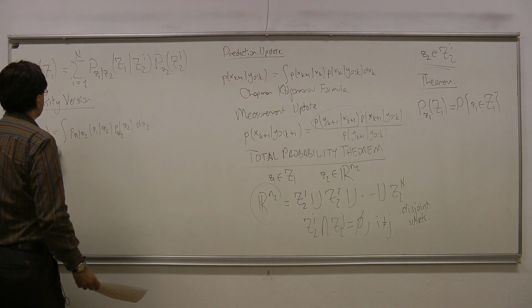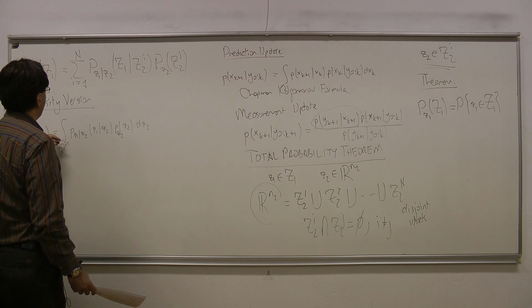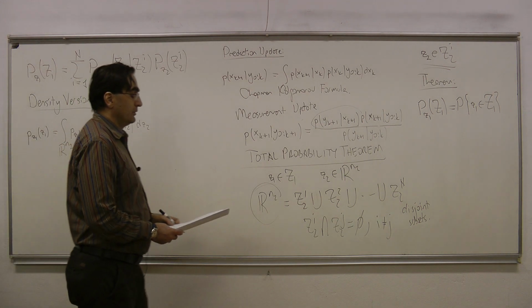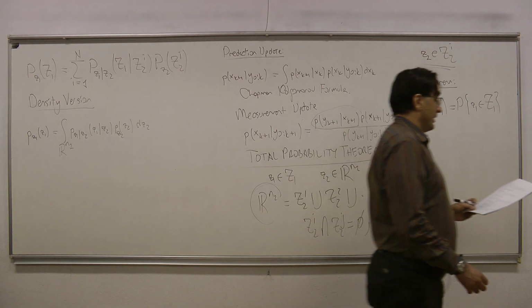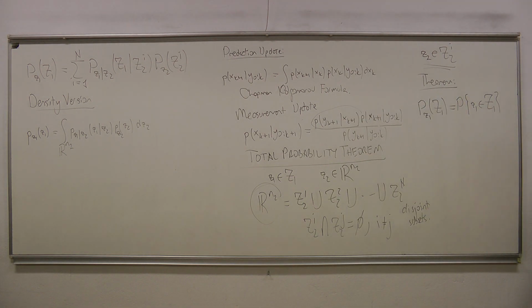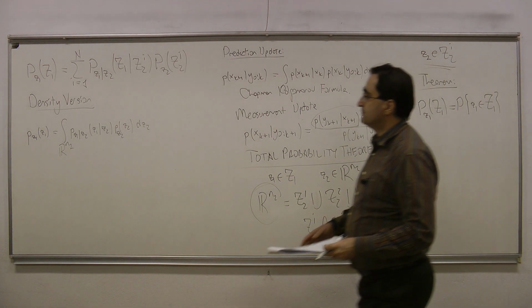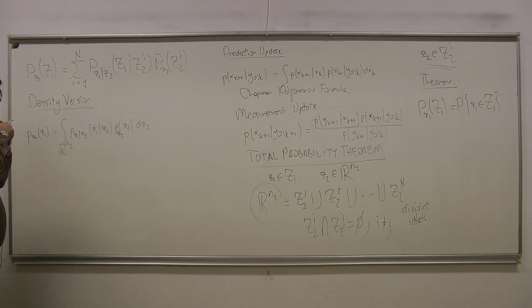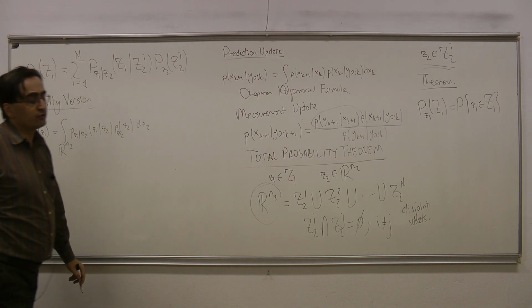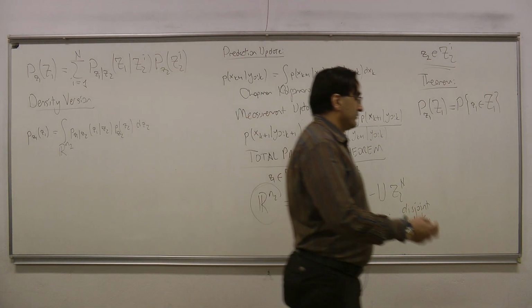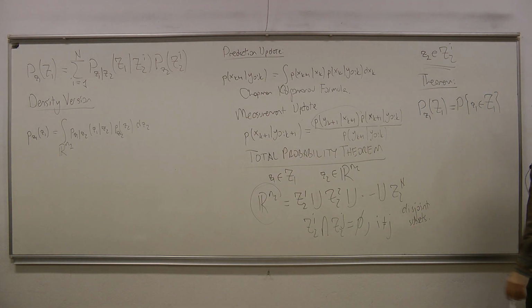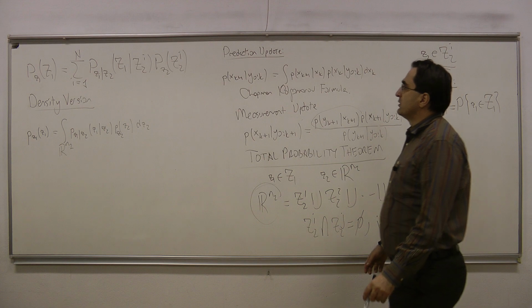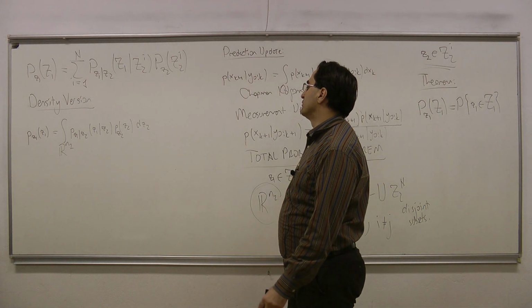Okay? And this integral is over the whole space of R^n2, the space of the second random vector. So I will not be working on the distribution version here. It is not used commonly. At least we will not use it in this course, most probably.